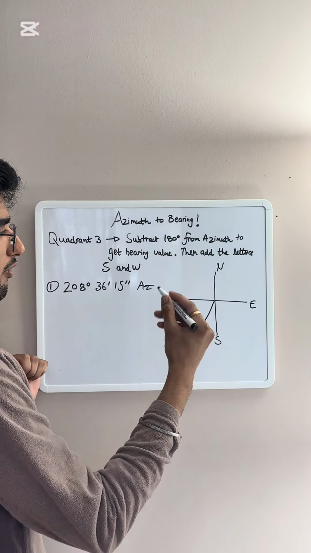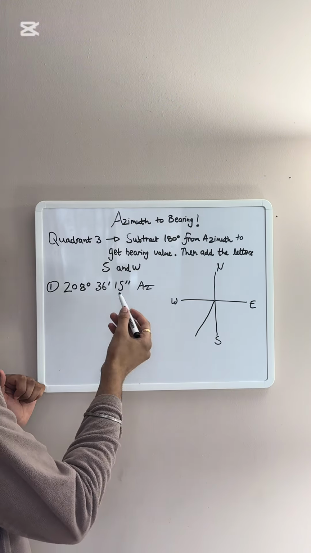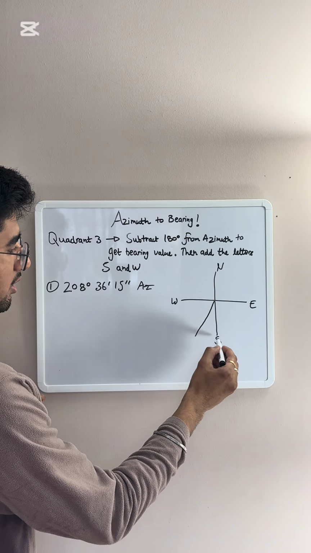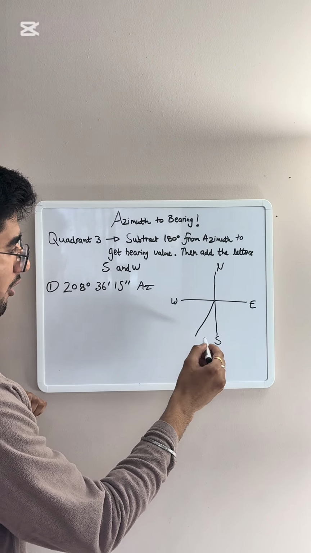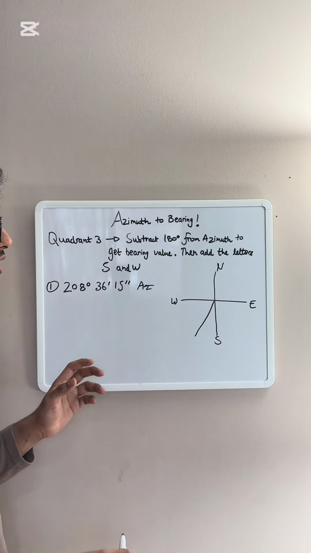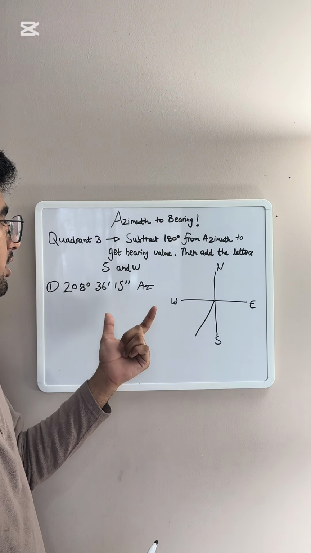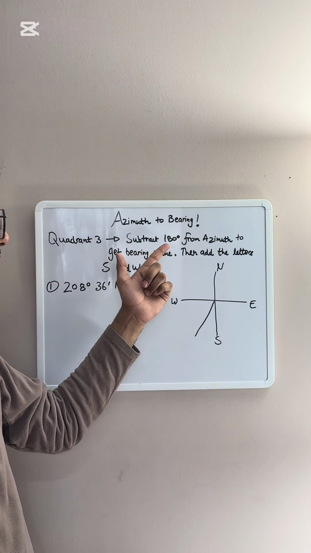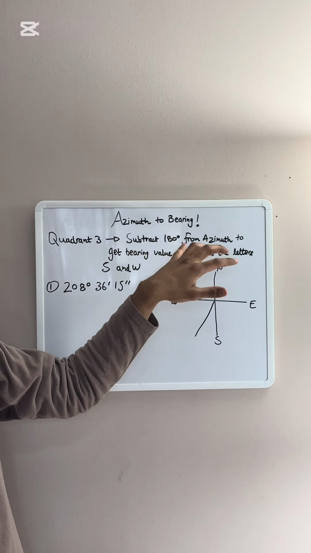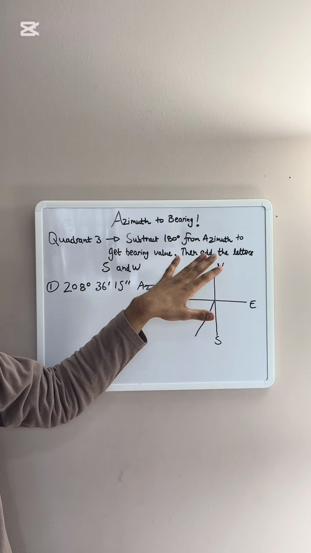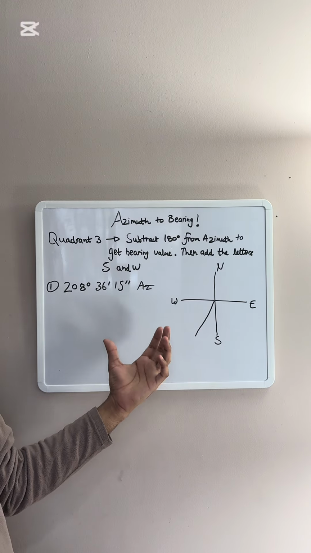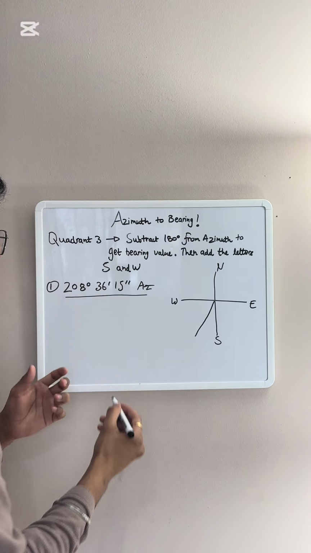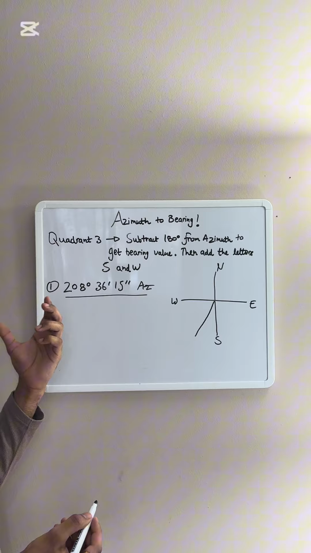So whenever we convert this azimuth to reduce it to the bearing form, it would be oriented south, whatever the angle we find, and then west. Whenever the line is in the third quadrant, we just subtract 180 from the given azimuth to get the bearing value, and then we add the letters south and west. Here we have 208 degrees 36 minutes 15 seconds.